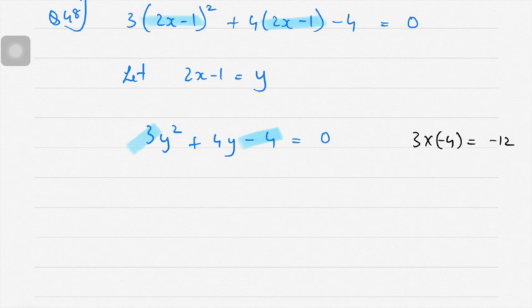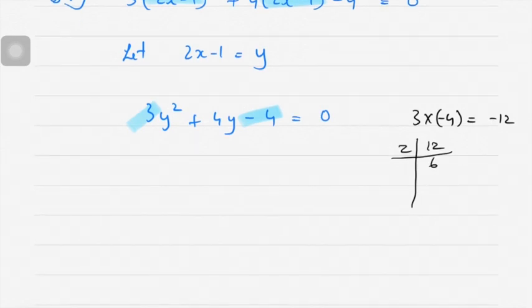When you multiply, it is minus 12, and when you add, it is plus 4. The product has to be minus 12 and when you add, it has to be plus 4. So let us see the factors of 12. Okay, so 2 6s are 12.